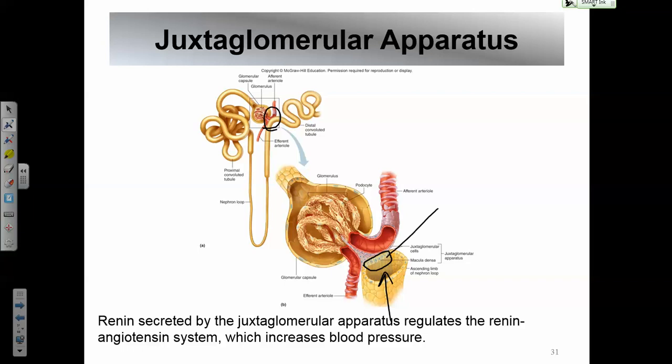Those are the macula densa cells. And then the afferent arteriole has some special smooth muscle cells in its wall. Those are the juxtaglomerular cells. So those two groups of cells, the macula densa and the juxtaglomerular cells, together make up this structure called the juxtaglomerular apparatus. Later this morning we'll see how it affects the flow of the blood.